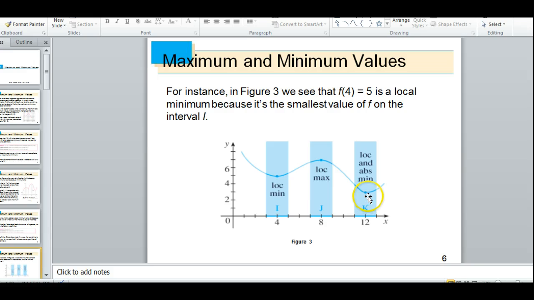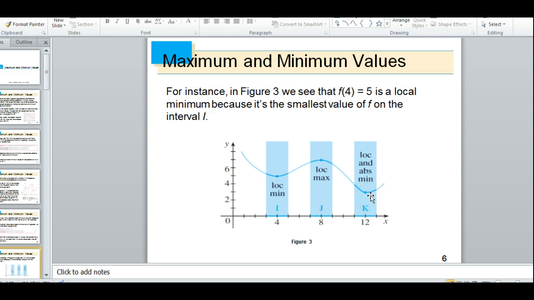And this one is a local and happens to be an absolute minimum as well, because it's not only the lowest point around 12, but it's also the lowest point of them all. So that's the difference between local and absolute. The absolute one is the one that occurs if you consider the function in its entire domain.